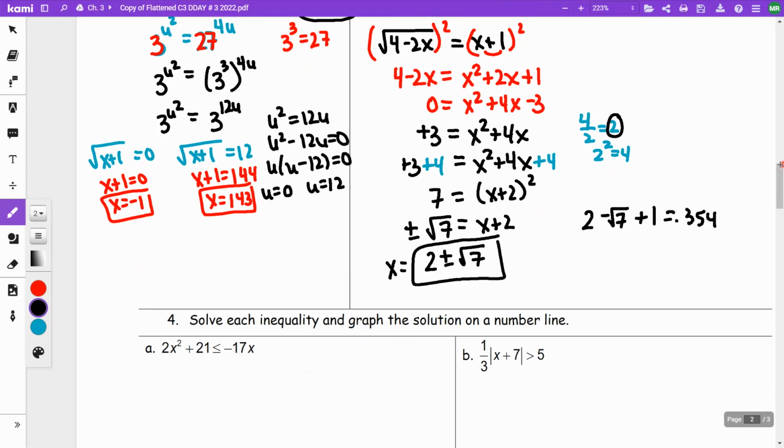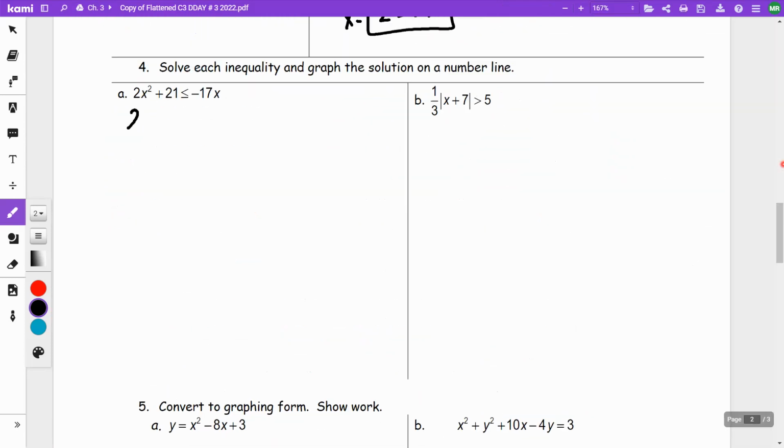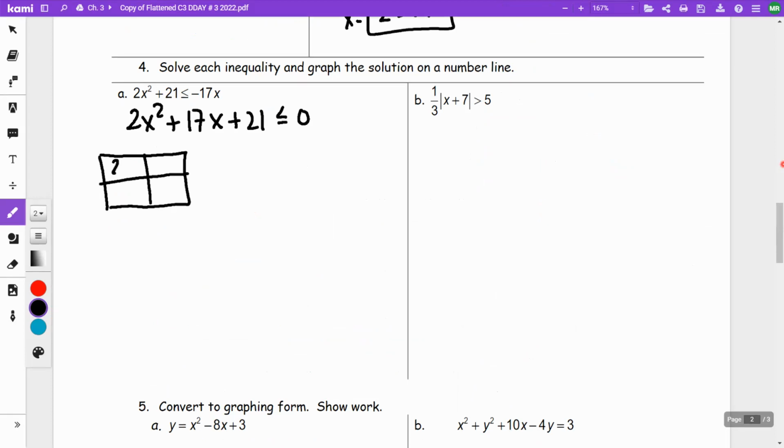Okay, on 4. So for this, I am going to add 17x. I am going to see if I can factor this. So this is going to be 2x squared and a 21.